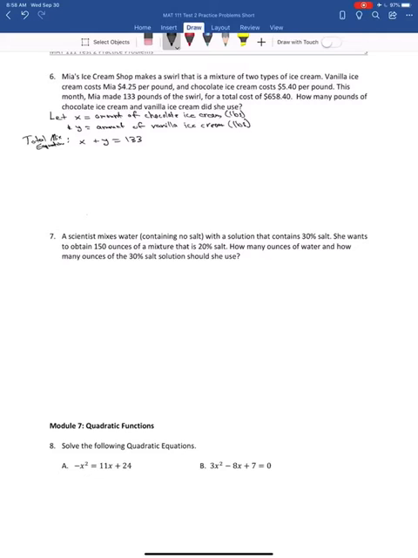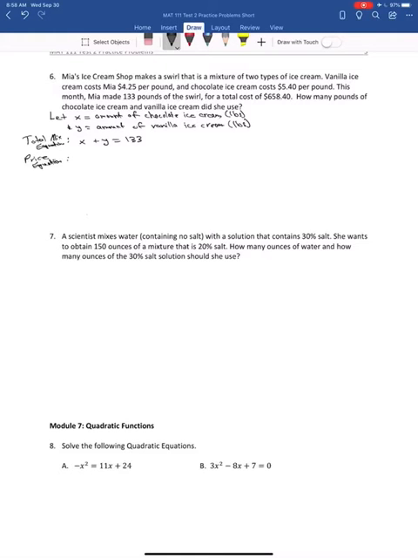So we were also given the prices per pound for each ice cream and the total cost for the swirl that we make. So we can build a price equation. So let's build our price equation. I'll make a note here on the side. We had $4.25 per pound for the vanilla, $5.40 per pound for the chocolate.